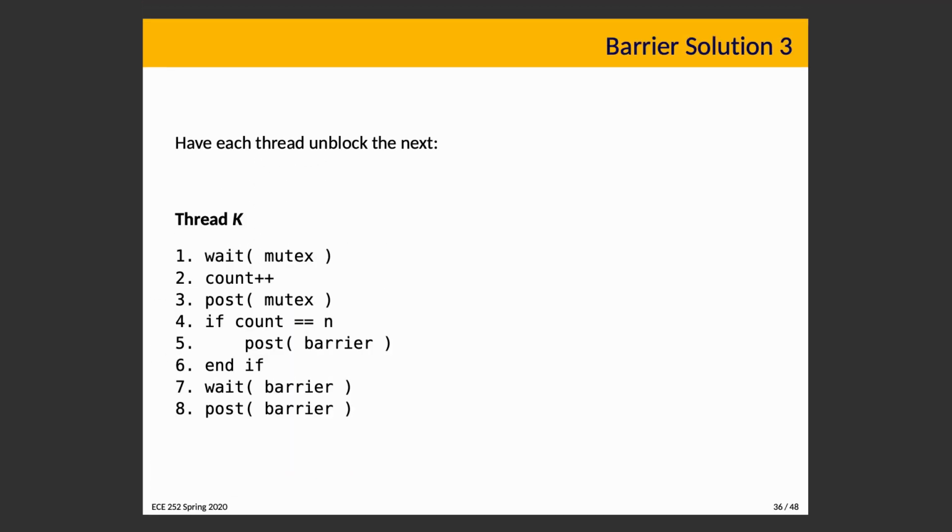And that is the case in our previous example. The barrier here as our turnstile starts out being 0 if we initialize it correctly, meaning that no one is able to proceed until the last thread arrives and unlocks it with the post that's within the if statement on statement 5.